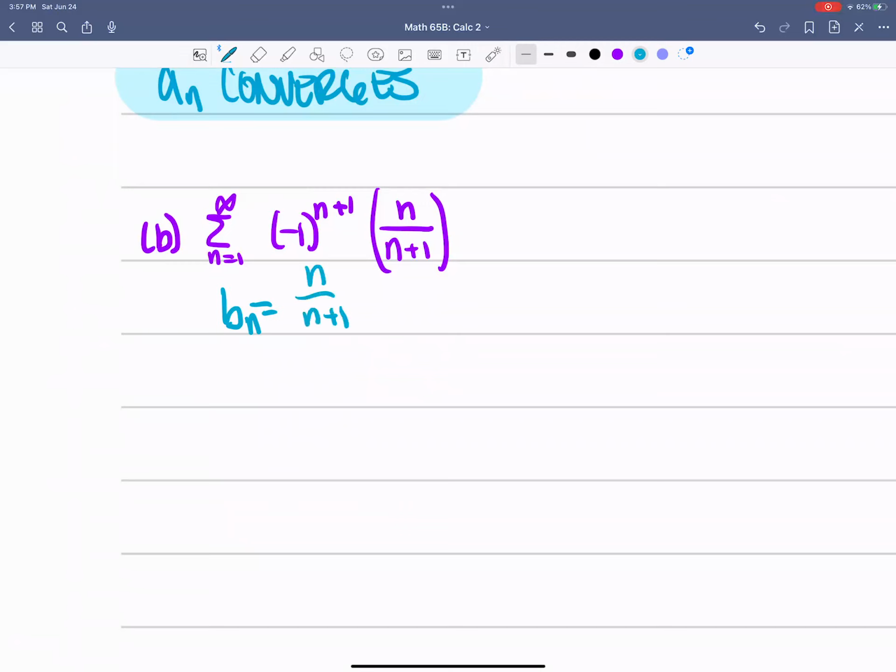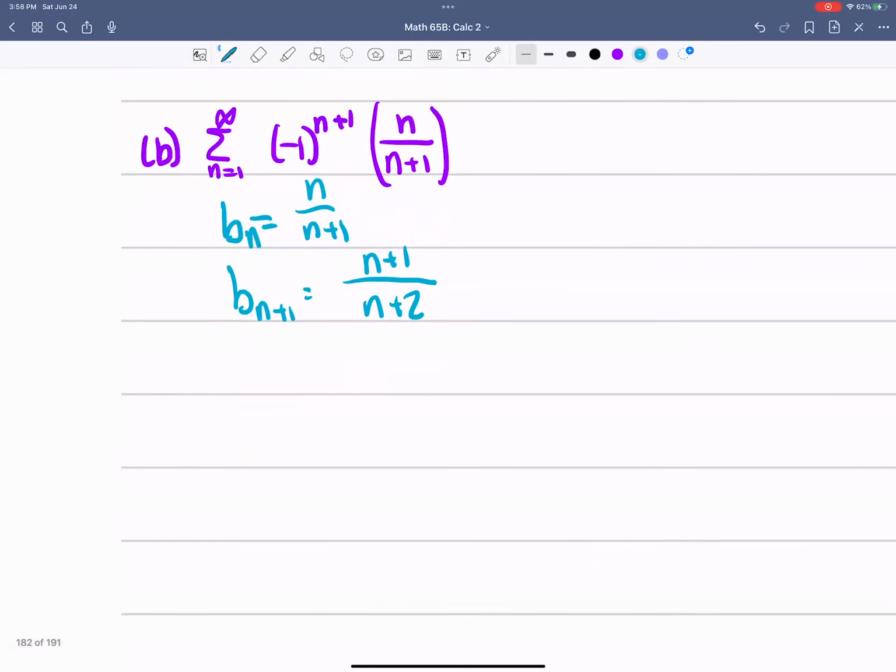And we're going to compare that to b sub n plus 1, the next term, which is n plus 1 over n plus 1 plus 1, that is, n plus 2. With this one, I feel like it eventually goes to 0, but this one's kind of inconclusive at the moment. We're going to ignore it. Let's look at the second condition.